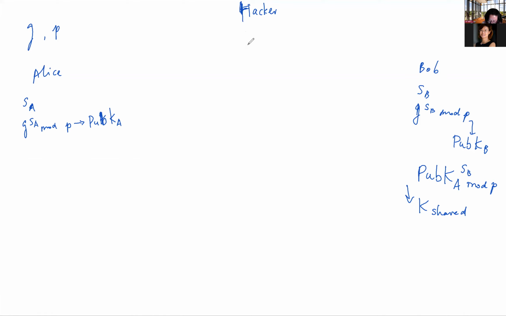Hacker also can generate a hacker's secret key, and then hacker can raise G to the power of SH, and then this is a hacker's public key. Of course, hacker doesn't tell everyone this is hacker's public key. It's just some key that the hacker has a private portion of, right?